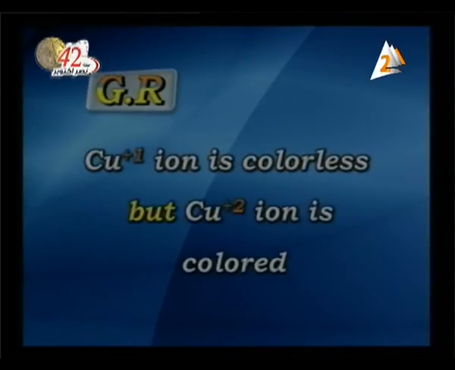So we have give reason in this point. Copper positive 1 ion is colorless, but copper positive 2 ion is colored. If you think about it, my dear student, you have to write the electronic configuration of copper, then the electronic configuration of copper positive 1 and of copper positive 2.